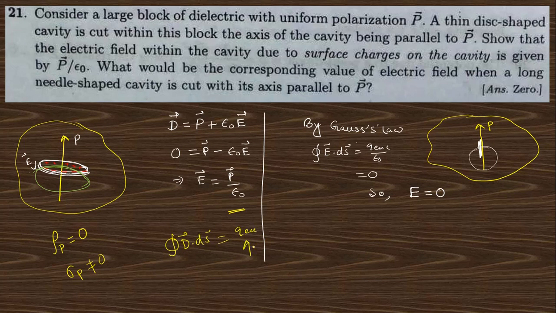Since this Q enclosed is 0, D equals 0 within this cavity, and the electric field will be like that. But in the other case, there is no rho, that is rho equals 0, and sigma is also 0. That's why there is no electric field within this cavity when the needle is like that. Clear? When the needle is parallel to the polarization, there is no charge accumulation. That's why no electric field is produced within this cavity.